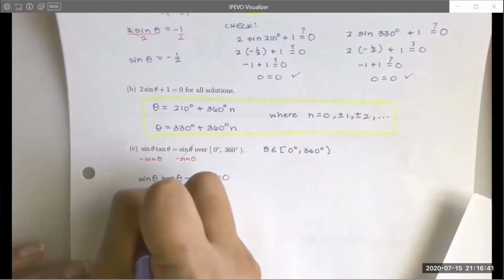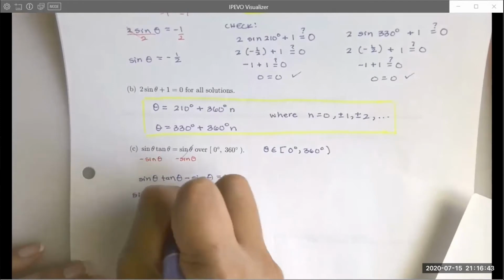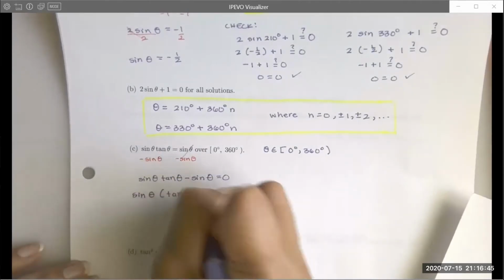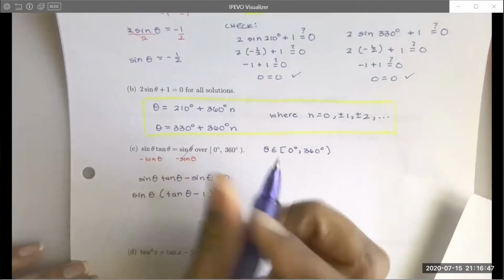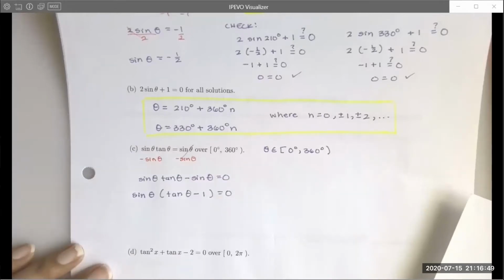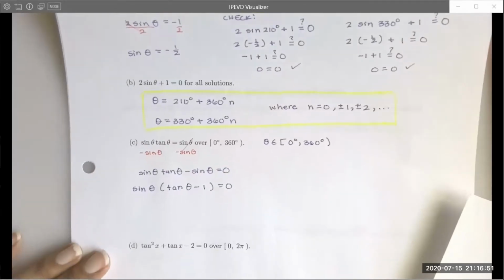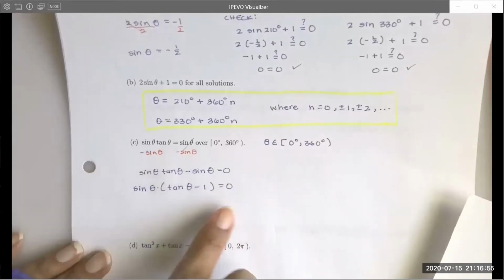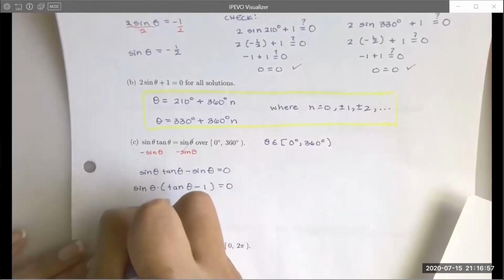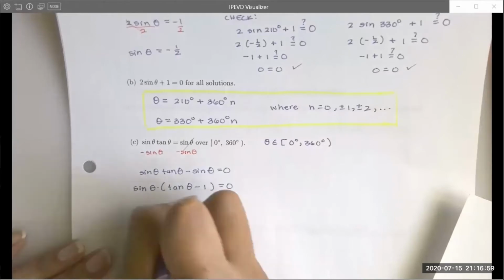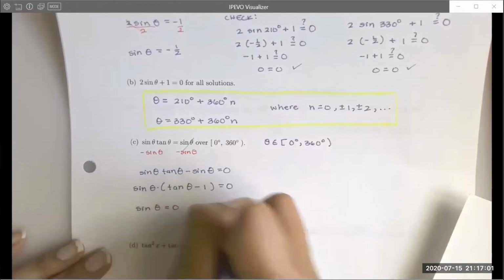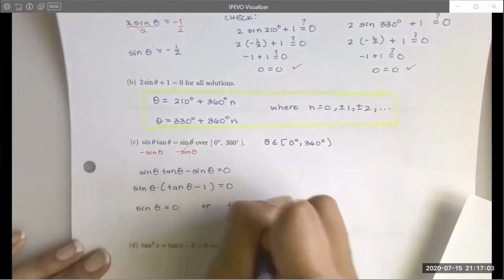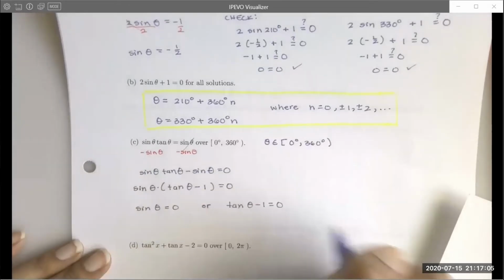Okay, so take out sine theta, and you're left with tangent theta minus 1 is equal to 0. So then there are two possibilities. If you multiply these two together and it gives you 0, that means that either sine theta equals 0 or tangent theta minus 1 equals 0.